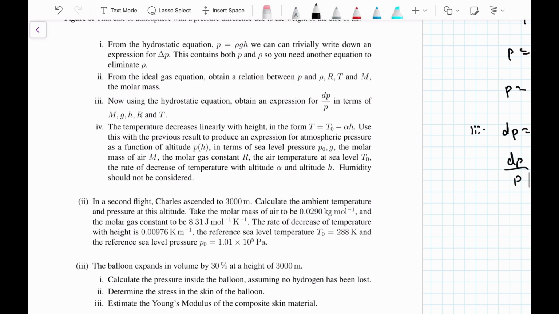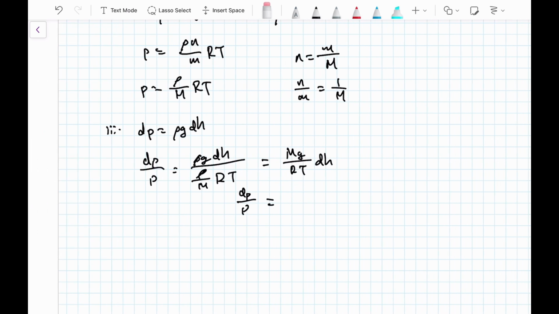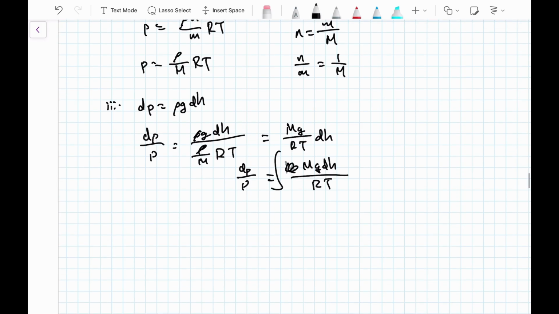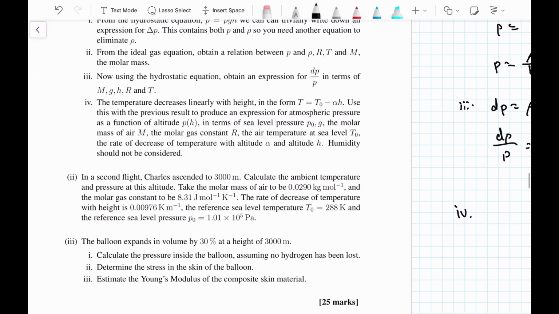Now the last part says the temperature decreases linearly with height, in the form T equals T0 minus alpha h. So the temperature varies with height, and we cannot directly integrate the previous equation yet. This should be just this expression. Then it gave us the equation of temperature in relation to h.